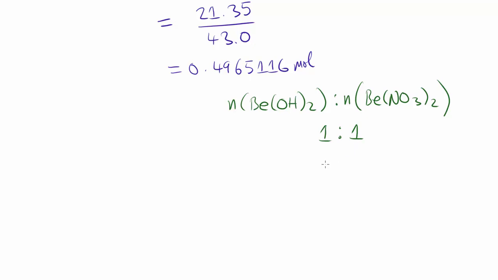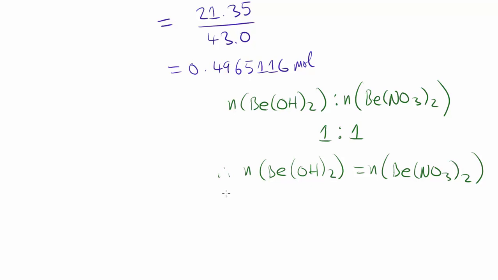All right. Now, because it gives a 1-to-1 ratio, we can say that the moles of Be(OH)2 is equal to the moles of Be(NO3)2.